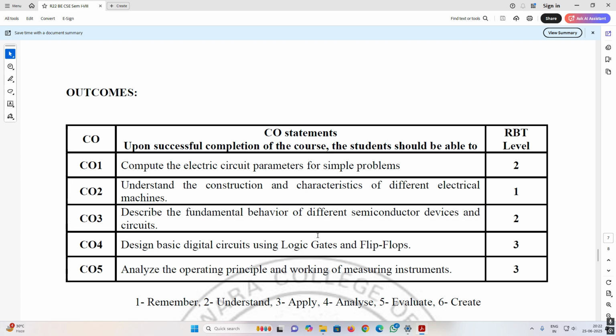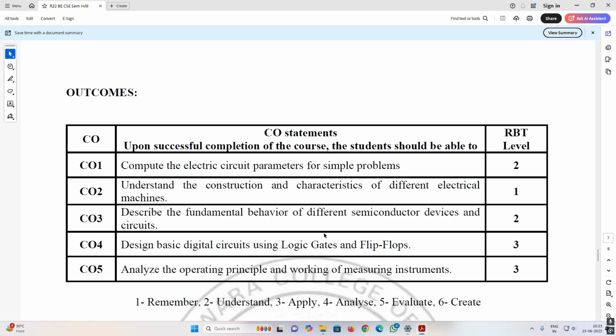CO3, describe the fundamental behavior of different semiconductor devices and circuits. And fourth outcome CO4, you can design basic digital circuits using logic gates and flip-flops. And CO5, analyze the operating principle and working of measuring instruments.